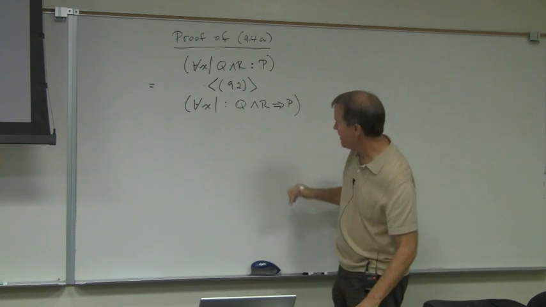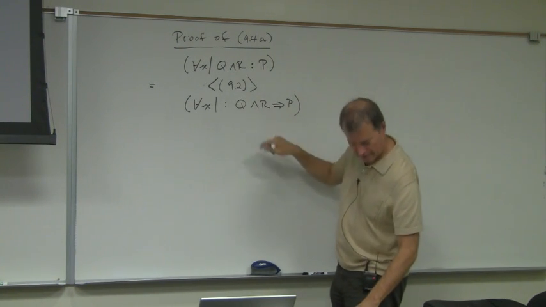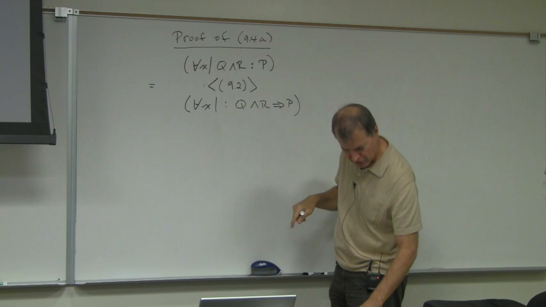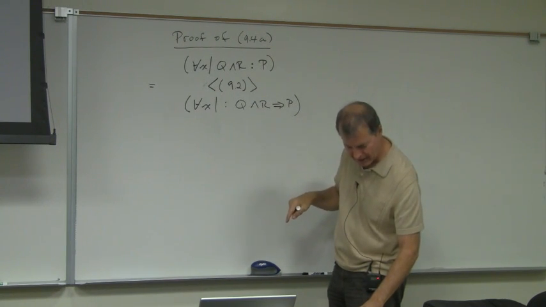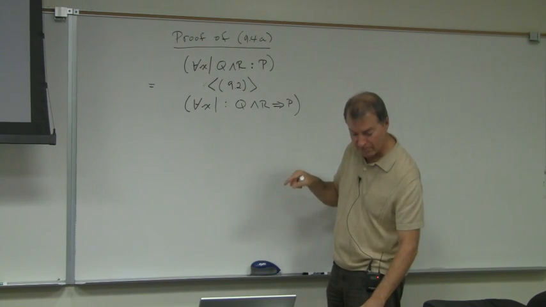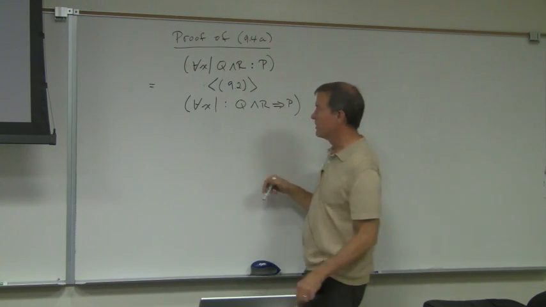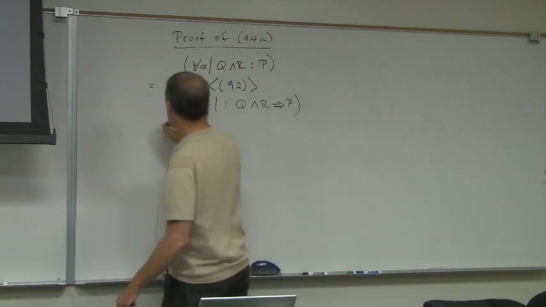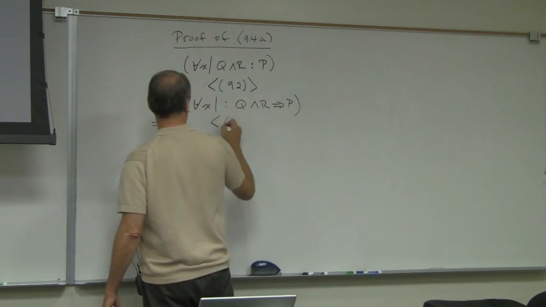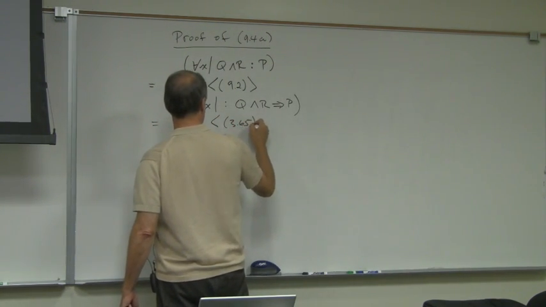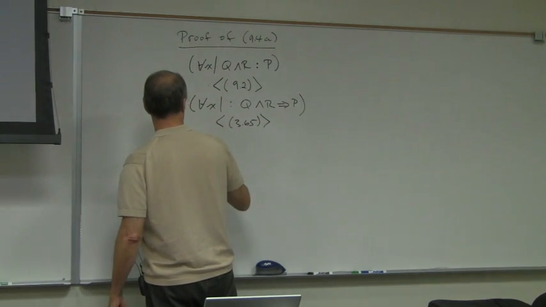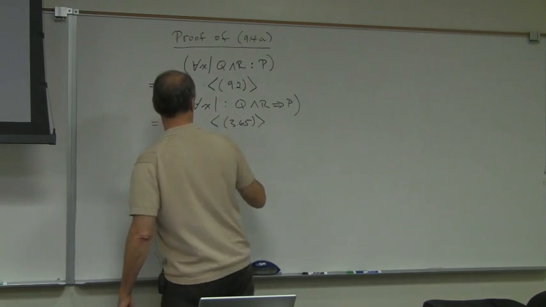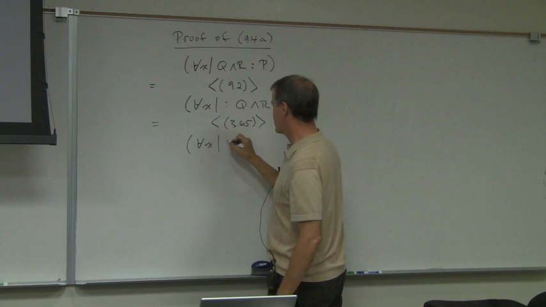If you have P and Q implies R, that's equivalent to P implies Q implies R. So this equals by 3.65, for all x range true.